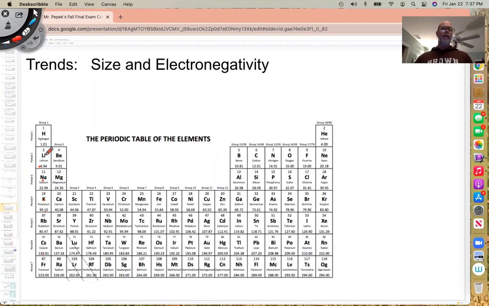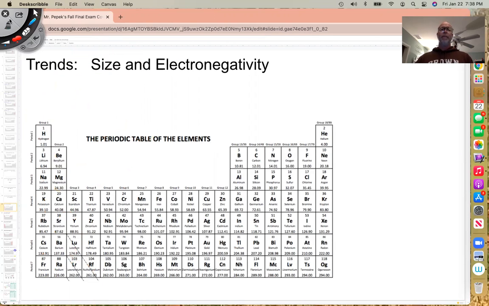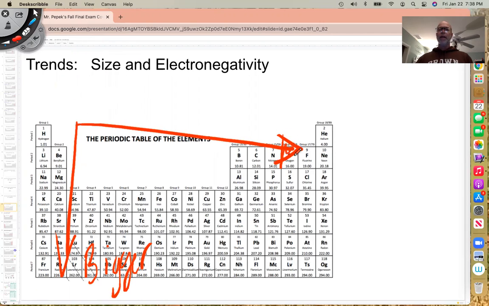Now, as we go down the periodic table, the atomic size gets bigger because we have shells. Because energy level 1 must be inside energy level 2, which must be inside energy level 3, inside energy level 4, etc. So as you move down the periodic table, size gets bigger. And as you move across the periodic table, ladies and gentlemen, the size gets smaller.